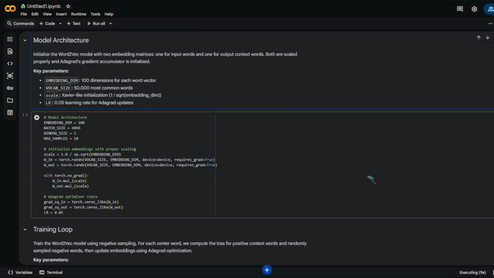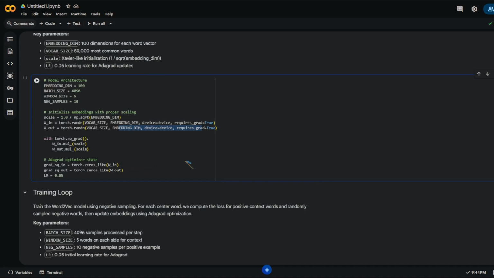Okay, for the model architecture, this is where we start the hard code. Most people would use nn.Linear layers here. I didn't. I manually initialized two massive matrices, W in and W out. This is for the input vectors, and this is for the context vectors. So we're training 50,000 words with 100 dimensions each.